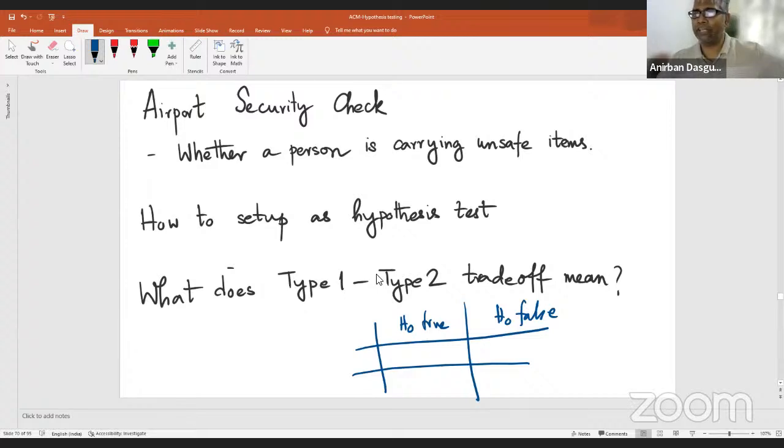Suppose you have this beeper machine, this kind of X-ray machine, which beeps every time it sees something, and the amplitude of the beeps becomes higher if it is a more suspicious thing.